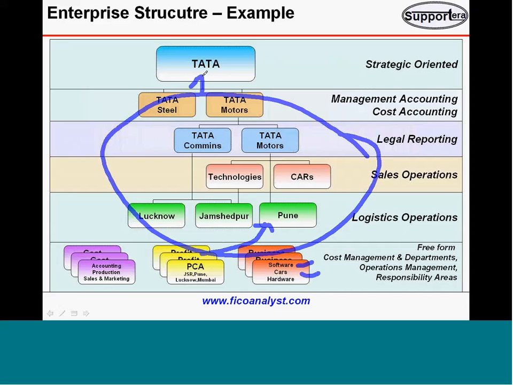So when Tata Group is taking a decision, they don't care what is happening in a particular cost center in Lucknow. They care about what is my overall strategy. What are my products? Do I need to continue my Tata Steel or not? Do I need to drop it? For example, think of how they introduced car manufacturing.